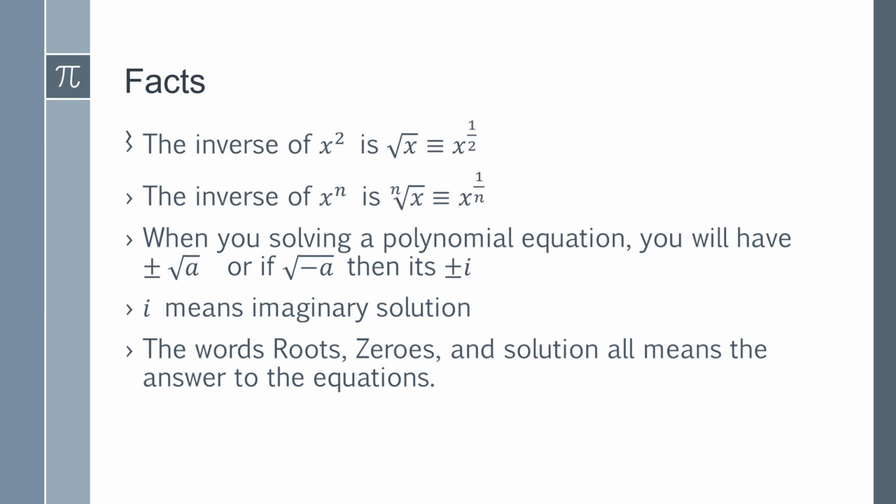So the facts that we have to remember: x squared has the inverse of the square root of x, and the square root of x is equivalent to the power of 1/2. For example, if I was to say the multiplicative inverse of 4, you would say that's going to equal 1/4. And that is the reciprocal. So the reciprocal of 4 is 1/4.